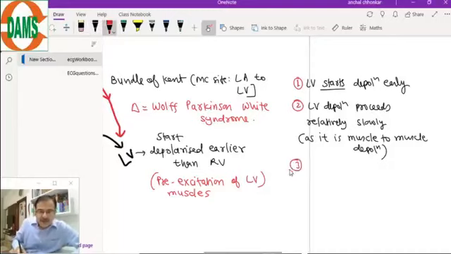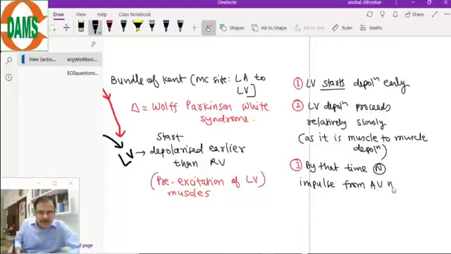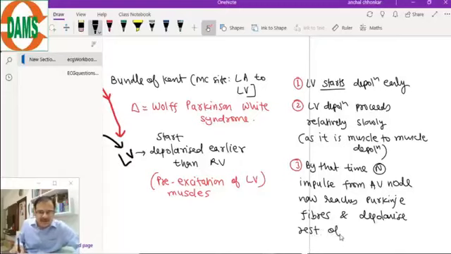Till that time, number three in the sequence, by that time normal impulse from the AV node now reaches the rest of the ventricles, now reaches Purkinje fibers and depolarizes the rest of the ventricles.